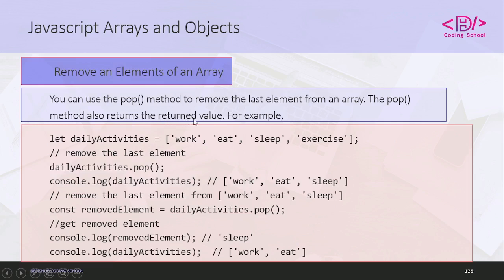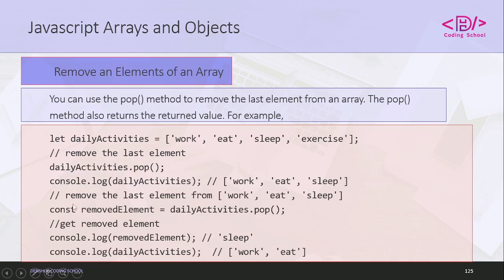So for example, if you have daily activities, work, eat, sleep, and exercise, you can remove the last element using the pop. And to remind you, you don't have to pass anything inside the pop method. Simply call the pop, and it's just going to remove the last item in an array. And if you go ahead and now check, they are reduced.